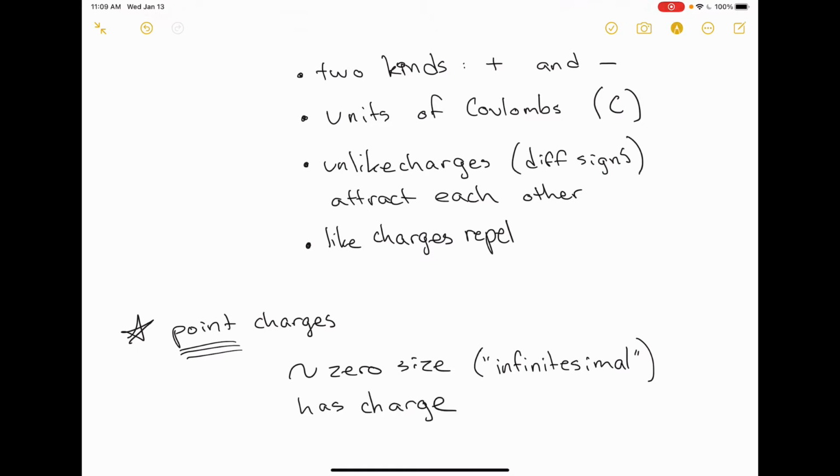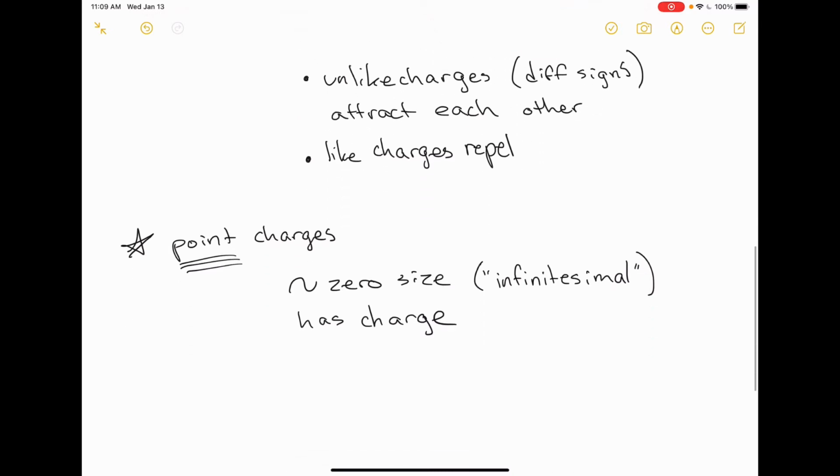Those are the two properties of a point charge. Most of the time we use the symbol Q to represent a point charge. Sometimes we use the symbol little q also. Both of those things can mean a point charge.